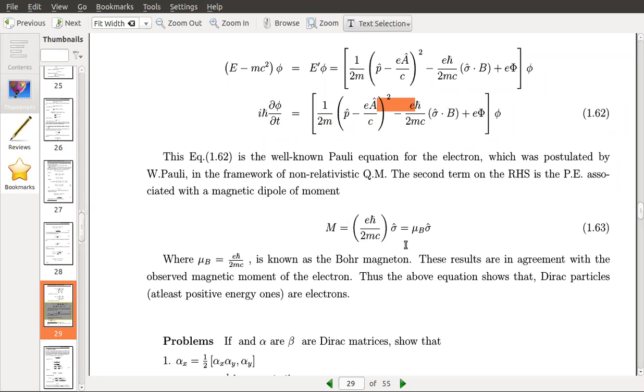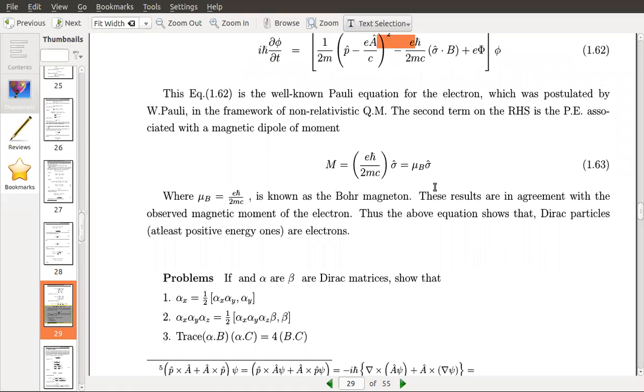Okay. So these results are in agreement with the observed magnetic moment of the electron. Thus, the above equation shows that Dirac particles are electrons, at least positive energy particles, positive energy electrons inside an atom. So Dirac particles are nothing but electrons.